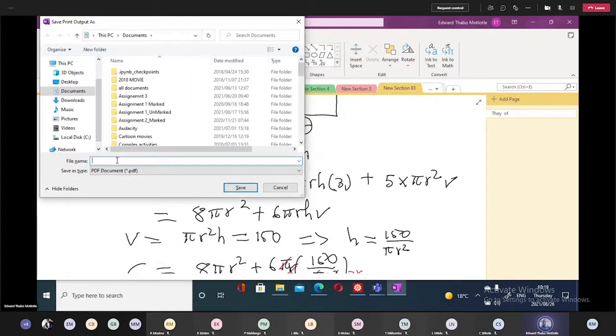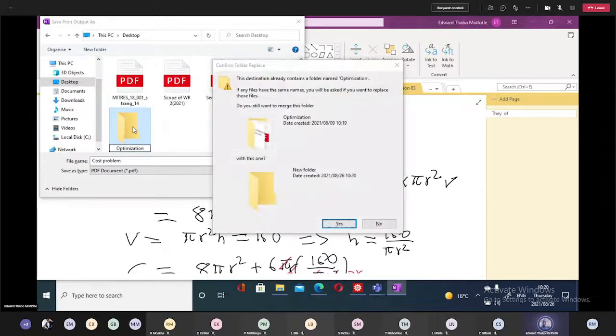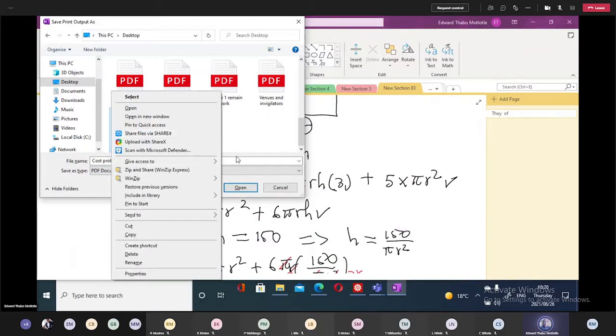So the last one we're solving is a cost problem. Let's just say cost problem. So you'll relate to this. Let's just put them inside a folder. Optimization. Okay, rename.